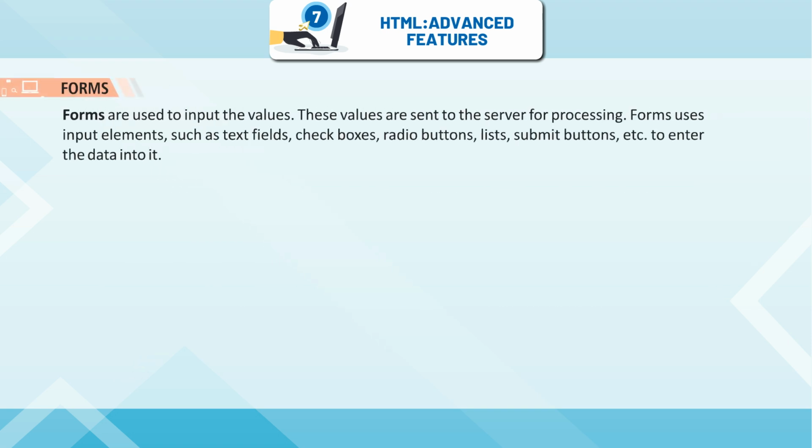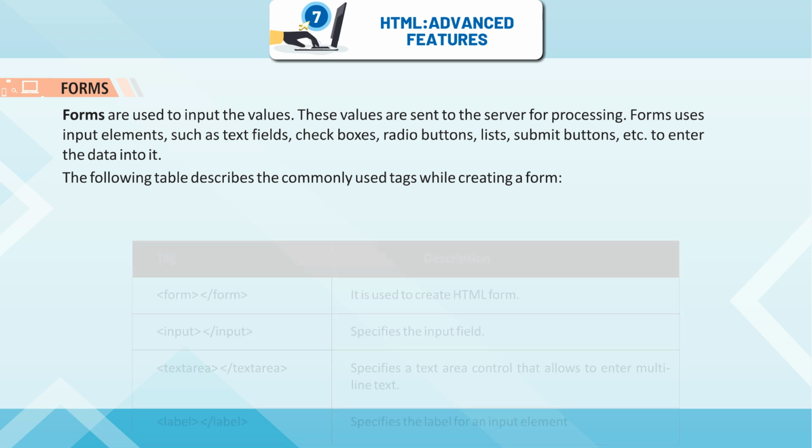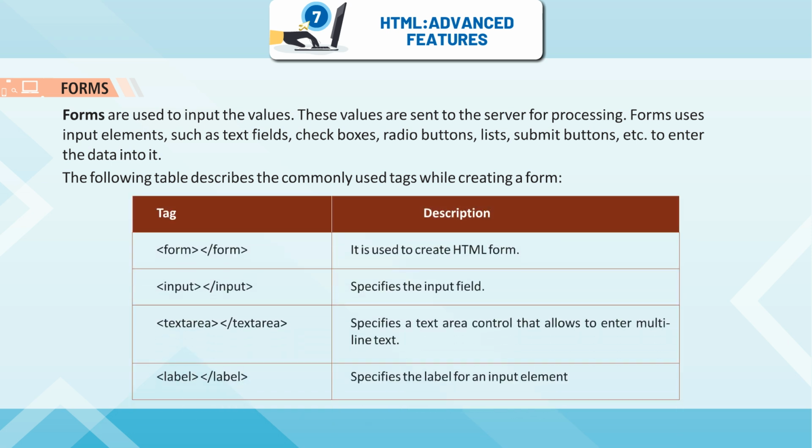Forms. Forms are used to input the values. These values are sent to the server for processing. Forms use input elements such as text fields, checkboxes, radio buttons, lists, submit buttons, etc. to enter the data into it. The following table describes the commonly used tags while creating a form. Tag description.